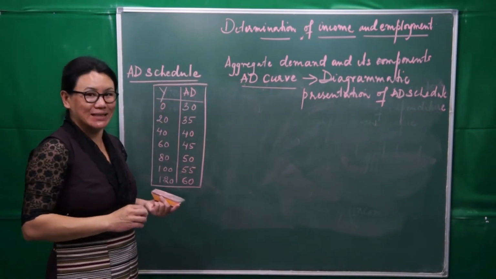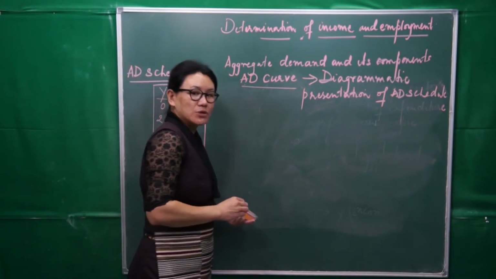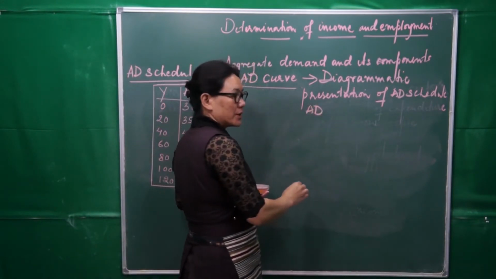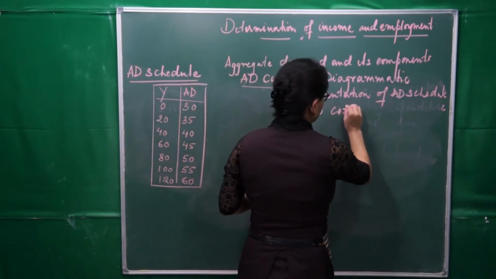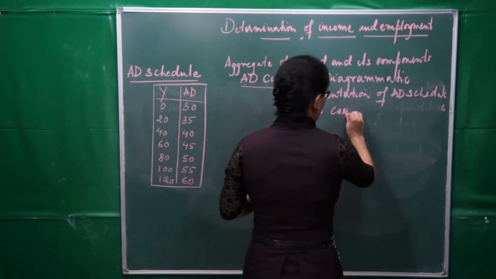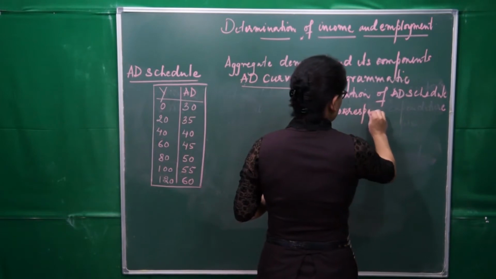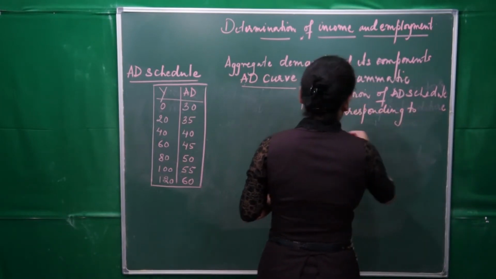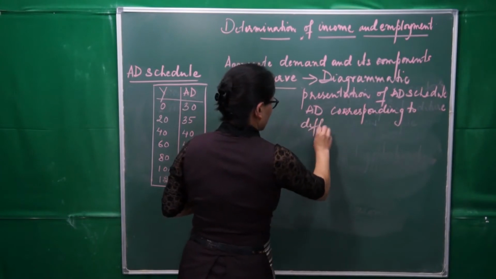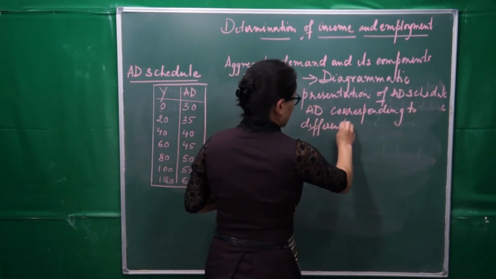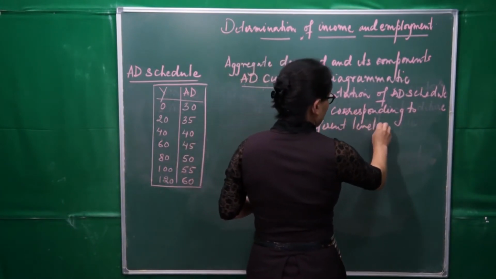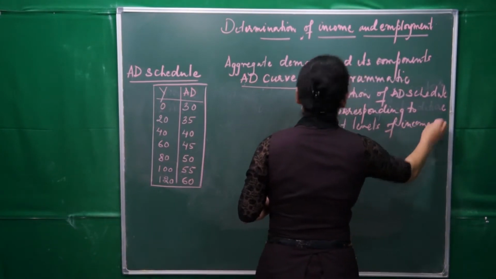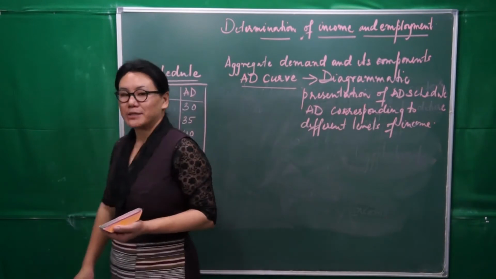Now, what is this AD schedule? AD schedule shows AD corresponding to different levels of income. All right.